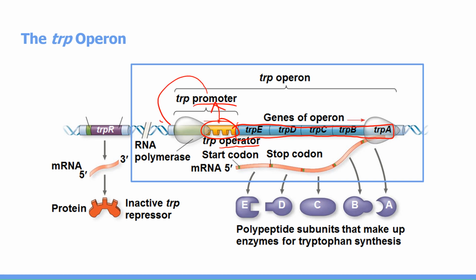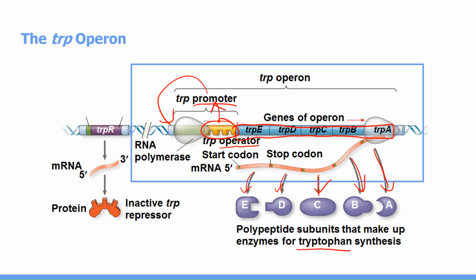The promoter is where the RNA polymerase binds, and as it moves along the DNA, it will transcribe this portion here that I am highlighting, to produce mRNA, and that mRNA gets translated into these functional proteins. And for this specific example, it produces tryptophan.